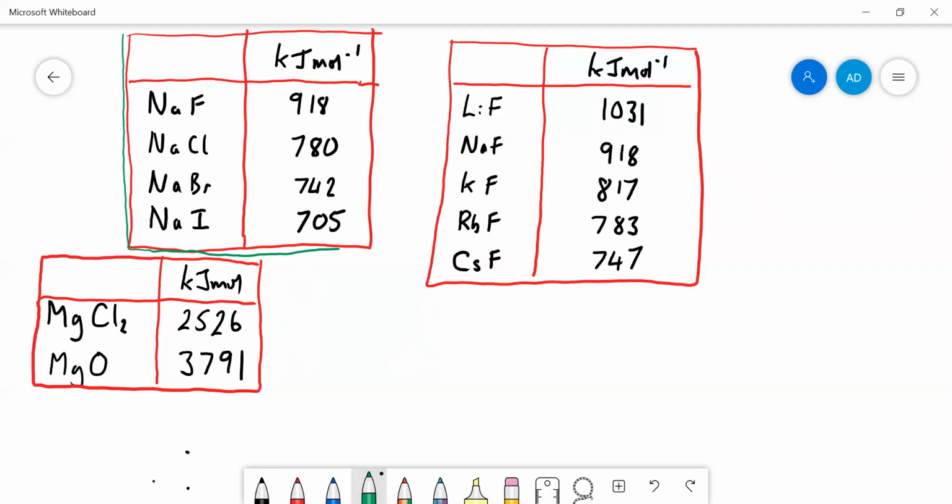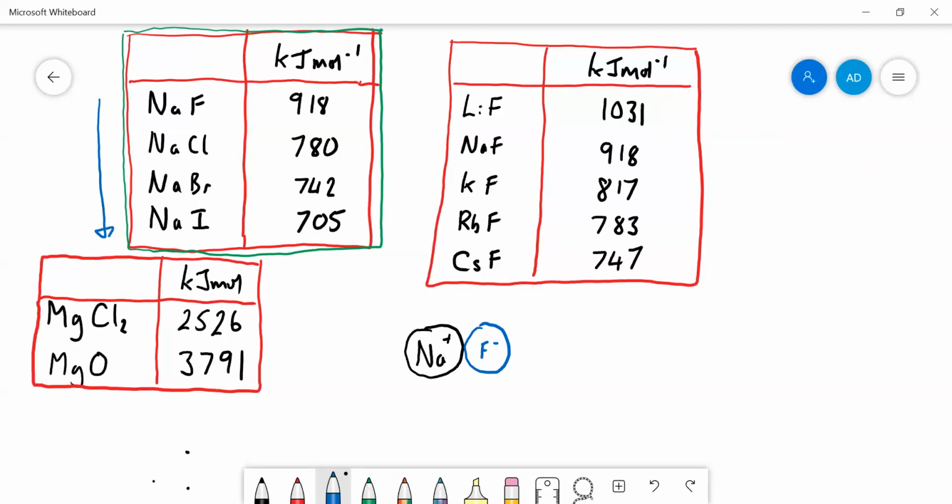Let's have a look at this table first. Just outline it in green. What we've got there are the halides of sodium. In each of those we have a sodium ion, and a negative ion that it is attracted to. I'll just draw the fluoride there, the first one. And what is happening as we go down here?